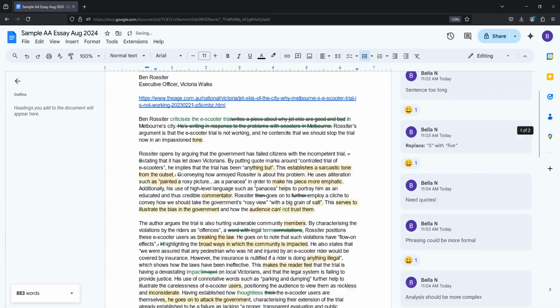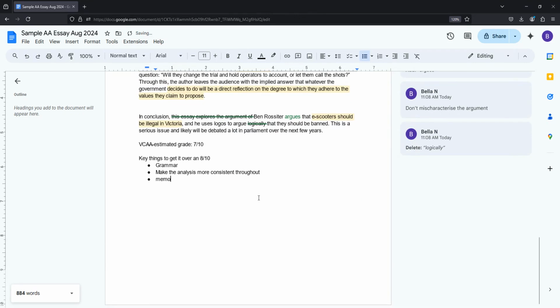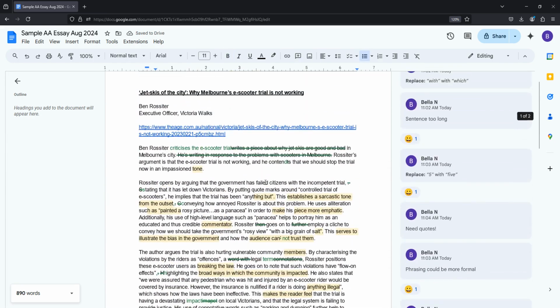And what else? Oh yeah, fix up the introduction and conclusion. Just memorize a structure for the intro and conclusion and go with that. Don't try and come up with anything fancy on the day. Just learn the key things you need to include and go through them. Anything else I would say to get it to an 8?